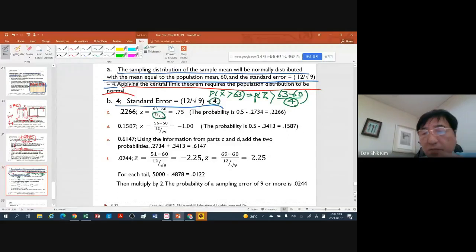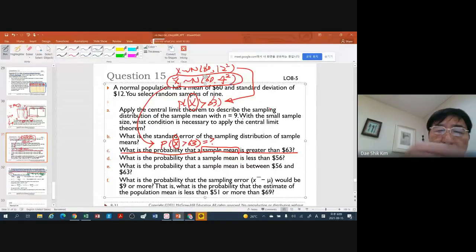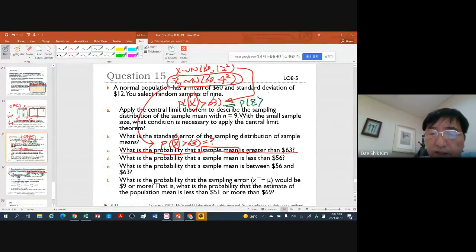We have calculated it already. If you are asked about X itself, in this case you need to calculate P Z greater than 63 minus 60 divided by 12, because X will follow this distribution. The second case is P Z greater than 63 minus 60 divided by 4.